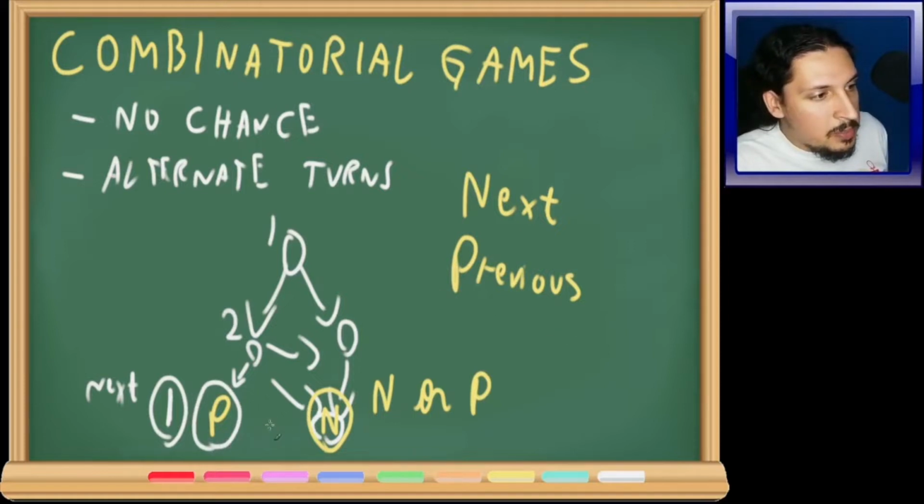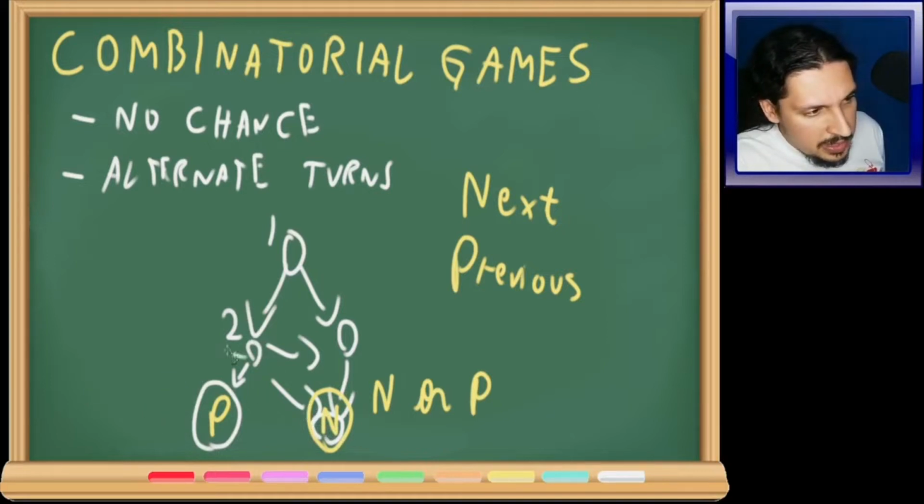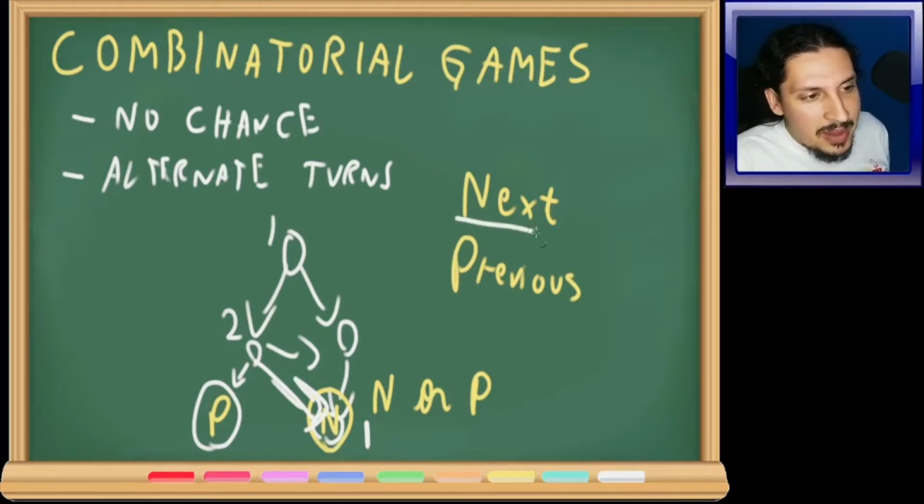So player 2 is the one who wins. On the other hand, if player 2 had moved differently and moved here, it would be player 1's turn, but this final node is labeled N, meaning that the next player to move is the winner, and the next player would be player 1.